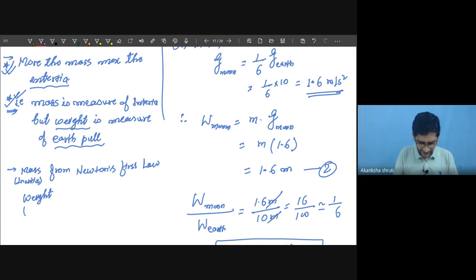A kind of earth pull, or it is basically a kind of force. So it is obtained from Newton's second law. So these are the things that we have to keep in mind.